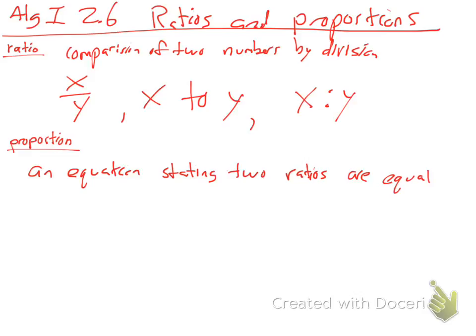The ratio of 2 to 4 is the same thing as 8 to 16. Why would those be equivalent ratios? They're equivalent because they reduce down to 1/2, right? They both have the same ratio. So to be proportional is two ratios that are set equal to each other. They're called proportional.